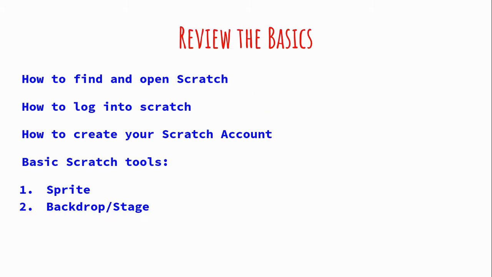Now, the skills that we're going to revise are how to find and open Scratch, how to log into Scratch, how to create your Scratch account, and we're going to look at the Scratch tools that we use many times, the basic Scratch tools, that is the sprite and the backdrop or the stage.